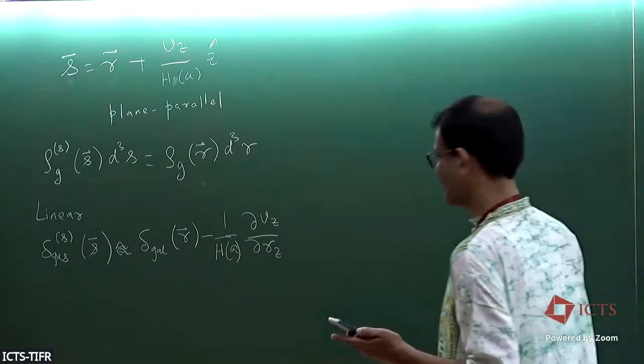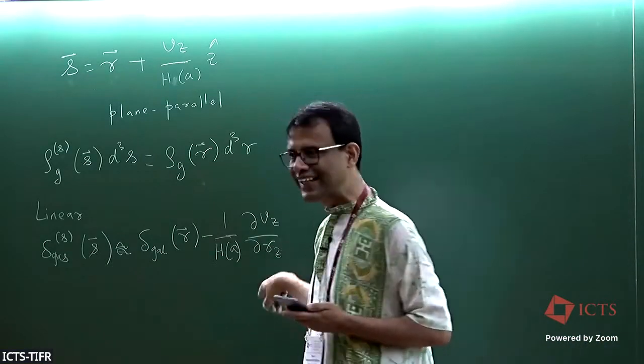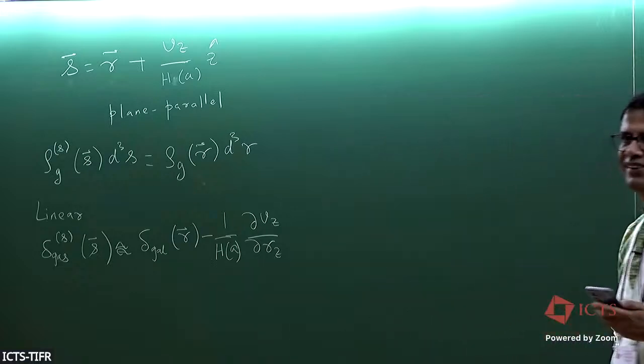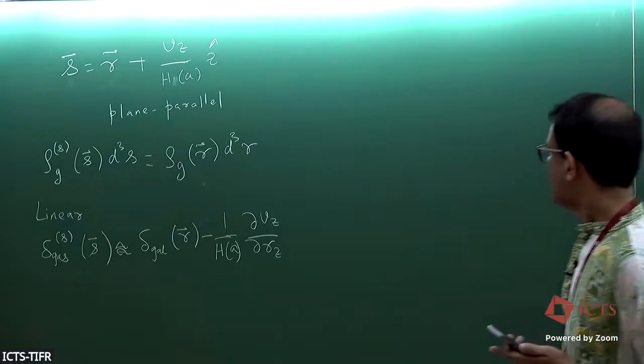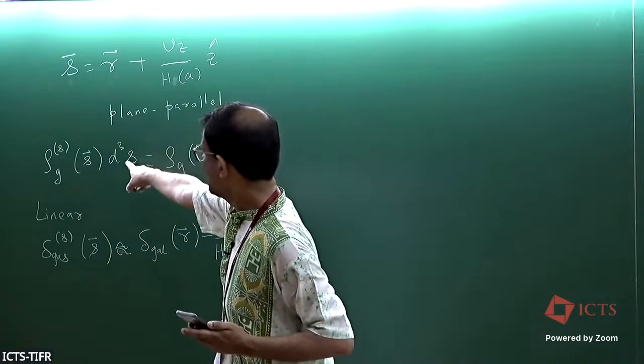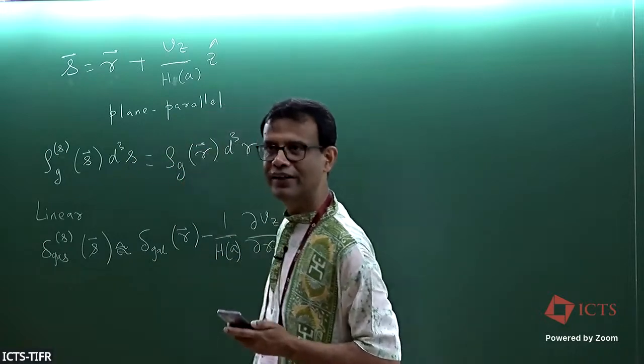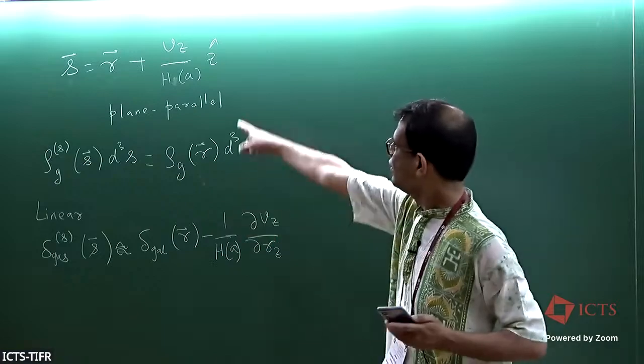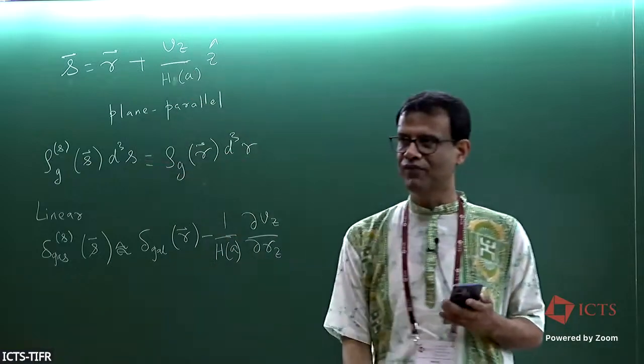In Cartesian coordinates you would have called it del Z, but then we would get confused with redshift here. This del Vz by del Rz comes because we will take derivatives while calculating the Jacobian. So this is where it will come from.